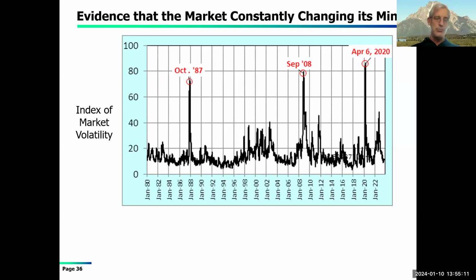There is no way to predict, but there are events that are going to occur in the time frame in which you're making financial investment decisions, to which the market reacts in a huge fashion, and in each of these three occurrences, in a very negative fashion, which means the market dropped by a lot in each of those three time periods.